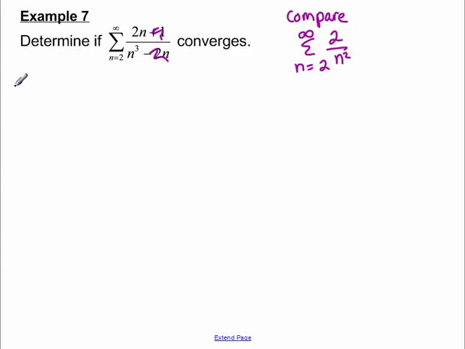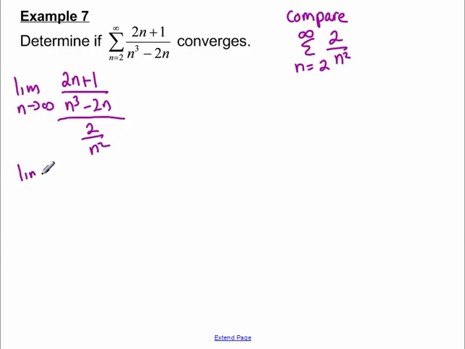Okay, so now let's do our fun limit thing. Limit as n goes to infinity of our a sub n. Oh no, I shouldn't have done that. Okay, I couldn't tell what I had written there. 2n plus 1 over n cubed minus 2n all over n squared over 2. So it's the limit as n goes to infinity of 2n plus 1 over n cubed minus 2n times n squared over 2.